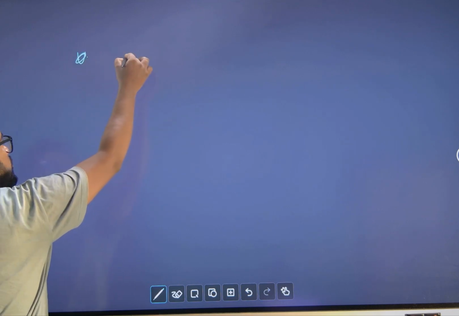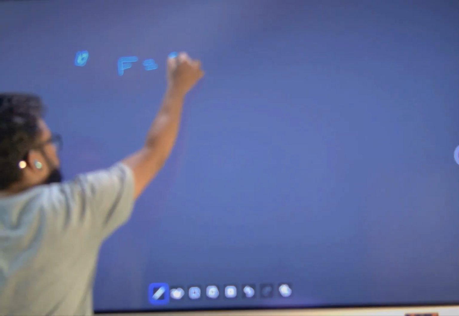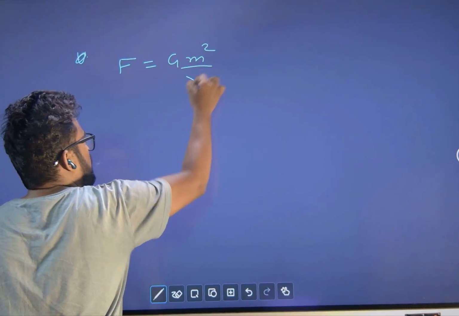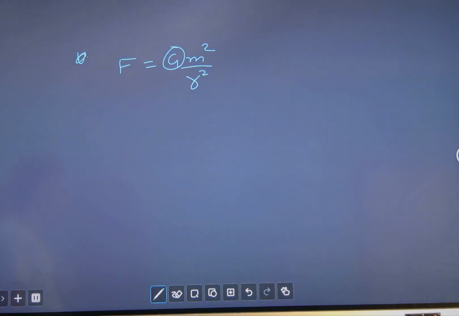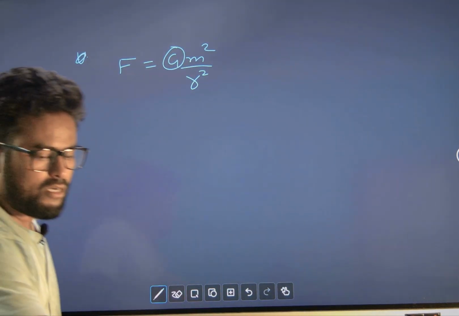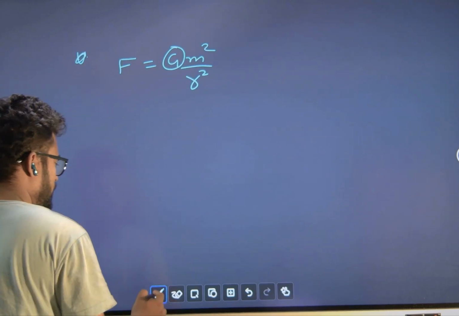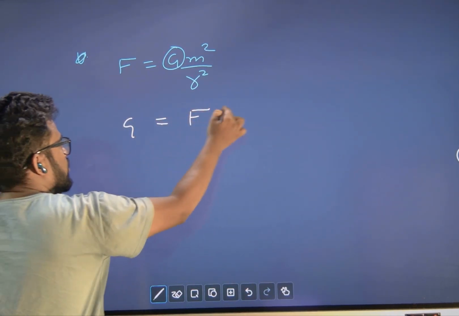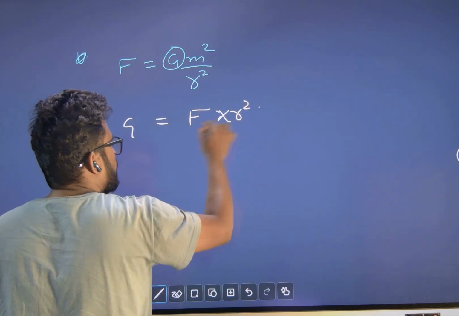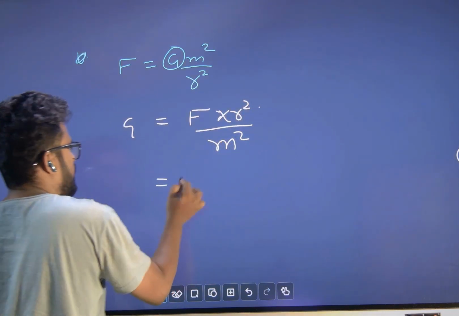Gravitational constant G. So force equals GMm by r square. We need the dimensional formula of the universal gravitational constant. We can write that capital G equals force into distance square upon mass square.